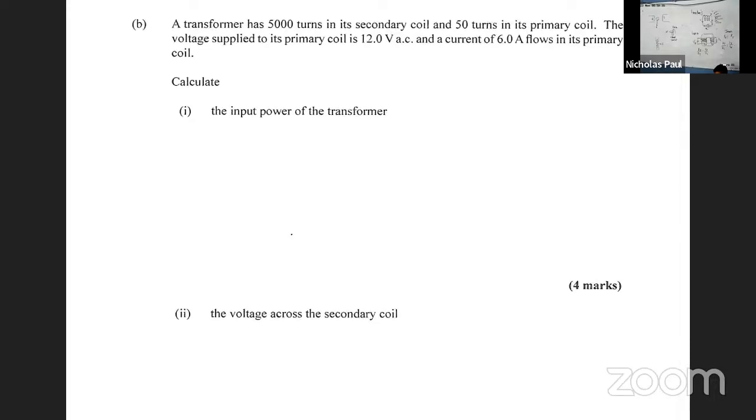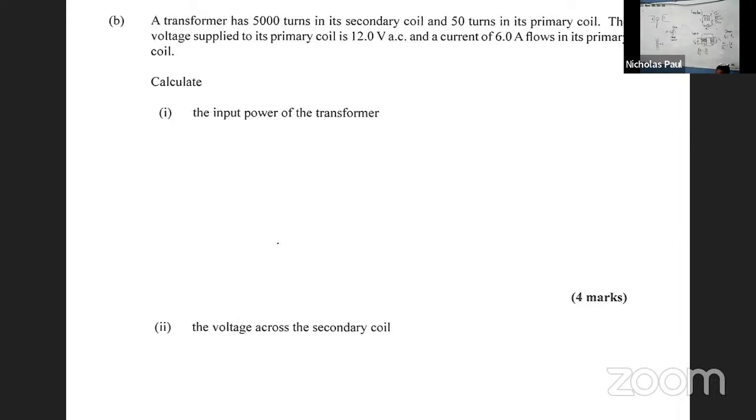Well, I was supposed to show you that in electricity, but power is what? How do you find power? Power is IV, right? So the current in the primary times the voltage. I is 6 and the voltage is 12. So that's 72 watts.